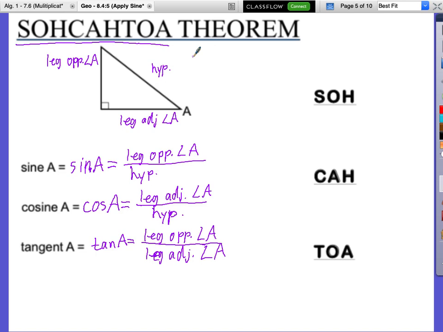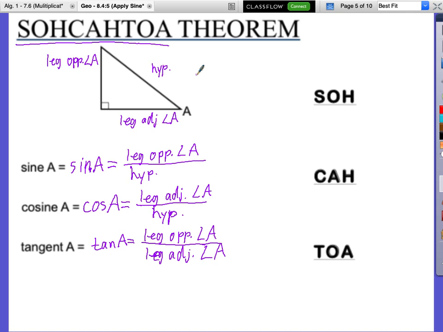He and I send each other a lot of memes, and he will still send me memes constantly that involve SOHCAHTOA, just because it's such a popular thing that people still remember from high school. They're like, I don't remember a lot from high school, but I remember this. SOHCAHTOA. It'll stick. We'll get it to stick.